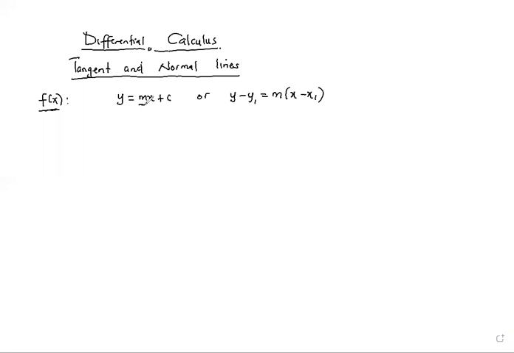But if we don't have 2 points, we're having a function, then m is always going to be the derivative of the function evaluated at the point given. So if I say the point is a comma b, this means that we evaluate this derivative to get the gradient.